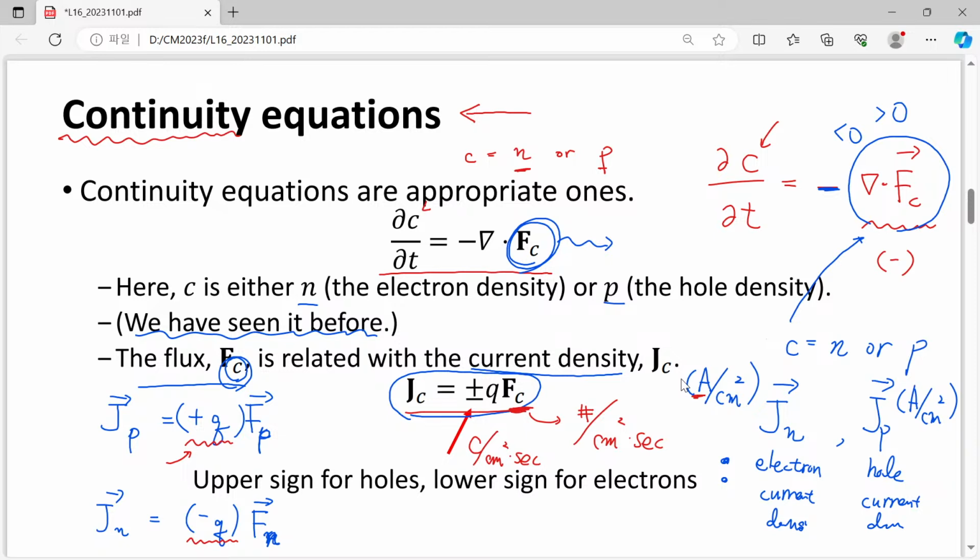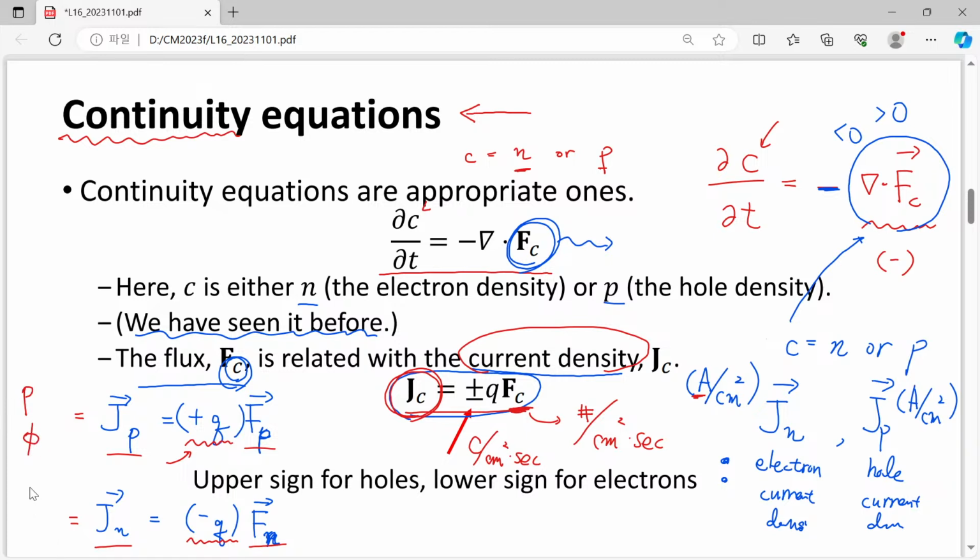Okay, so what we have learned up to now is that we need to understand the flux, and flux is directly related to the current density, but we still don't have any information about what the current density looks like. What is the form of J sub n? What is the form of J sub p? Although we can say it this way, this is not the solution. We need to express these two quantities, for example, in terms of hole density and electrostatic potential.